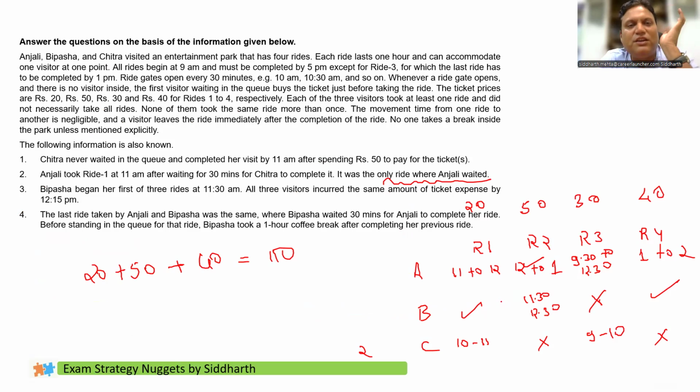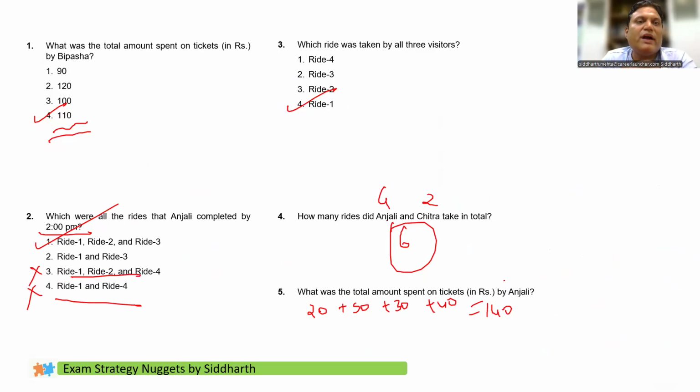In fact, only one piece of information I have used, that Anjali and Bipasha's last ride was the same. But I have not filled up the time. The more confusing part here was the second part of statement 4, which was not required. Why was it not required? Because my focus went to question number 2, which says which were all the rides that Anjali completed by 2 p.m. In collaboration with the given information, I was able to infer that it has to be ride 1, ride 2, ride 3, and I filled up the table that way.